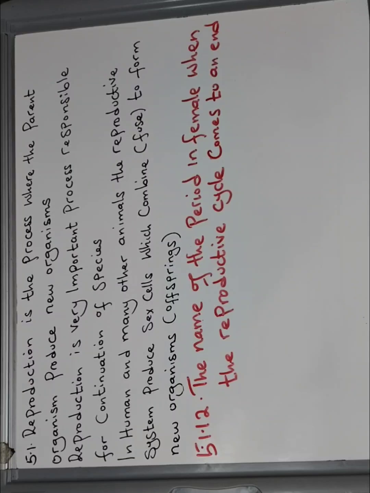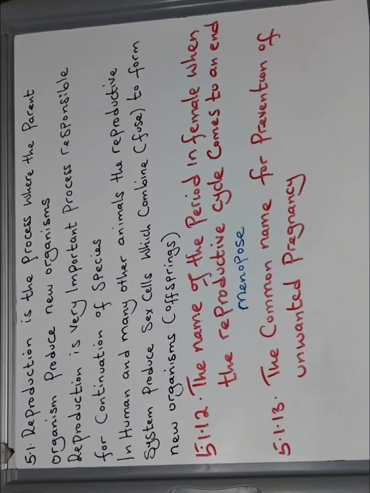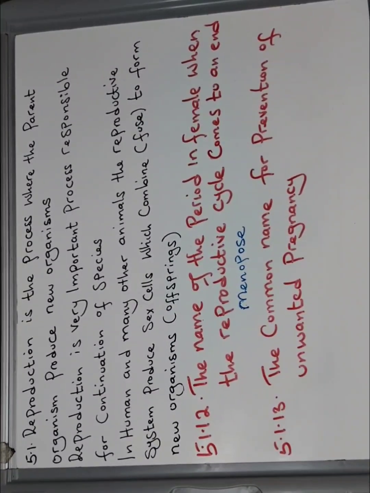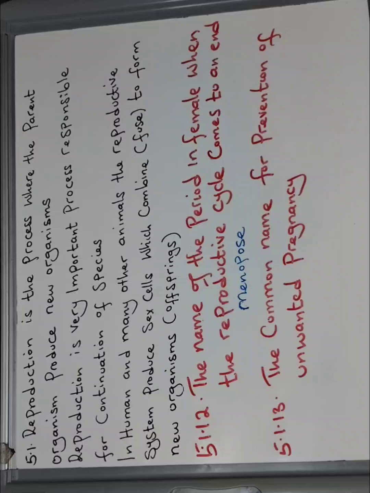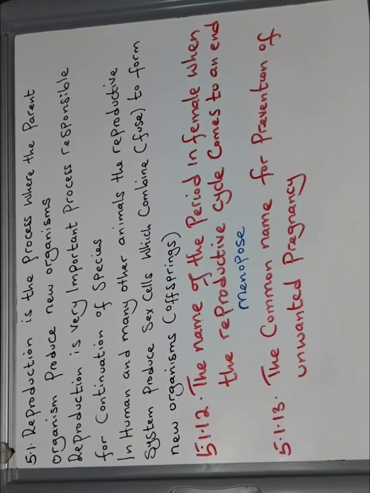Average means that some people can exceed it, some people can reach it before, and we call it menopause. The common name for prevention of unwanted pregnancy is called contraception.